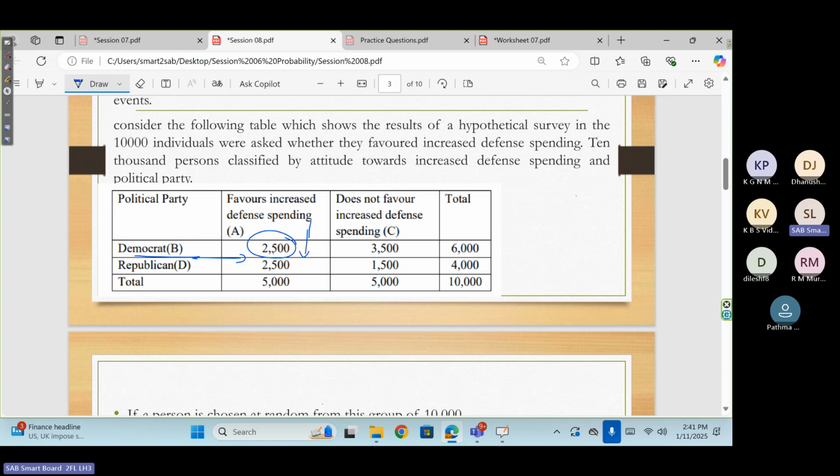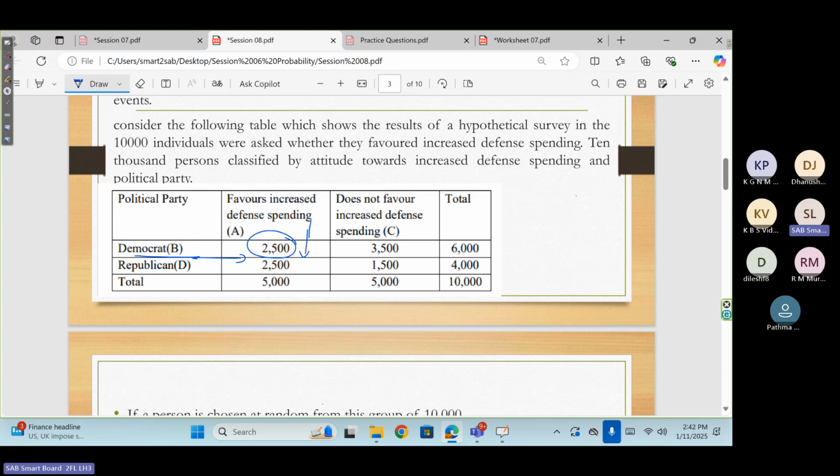Out of how many? 10,000. Then what is the probability? 2,500 over 10,000. Understood? Always in the joint probability concept we discuss two events, and these two events occur simultaneously, together.